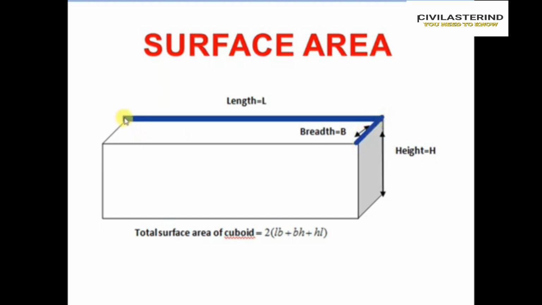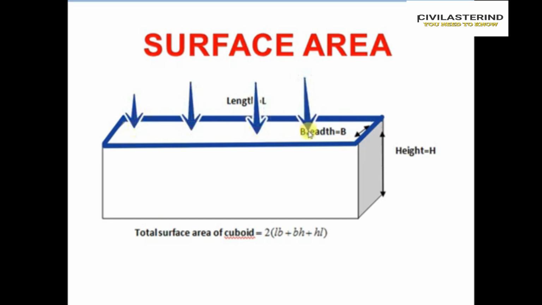So this is known as the surface area. If you multiply the length by the breadth, you will get this surface area over here. Similarly, the same thing will be below over here. So even below, you will get the same area.